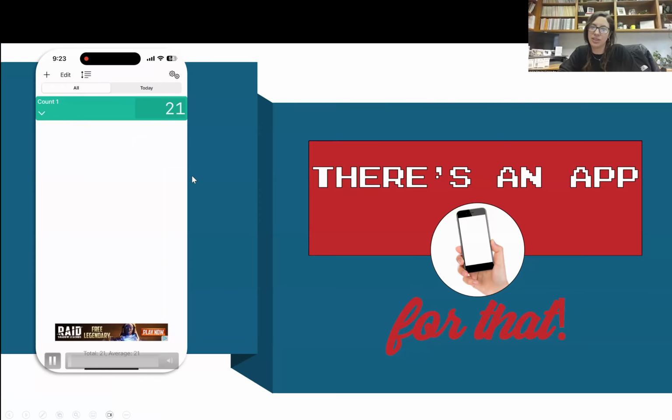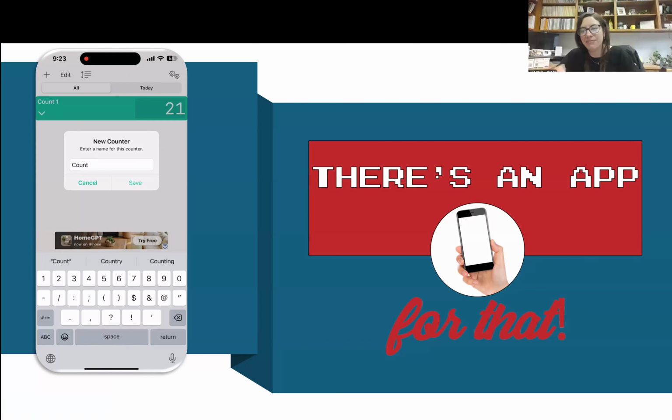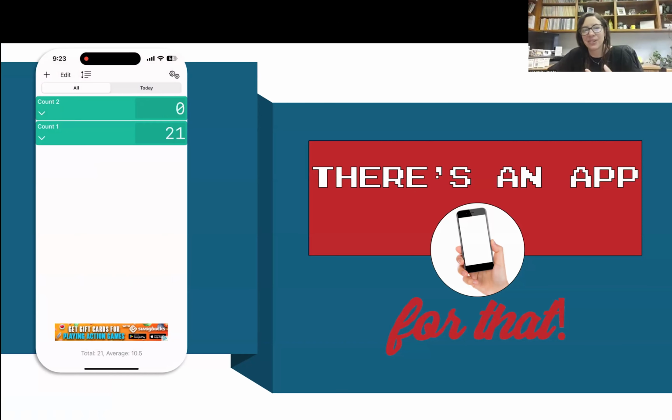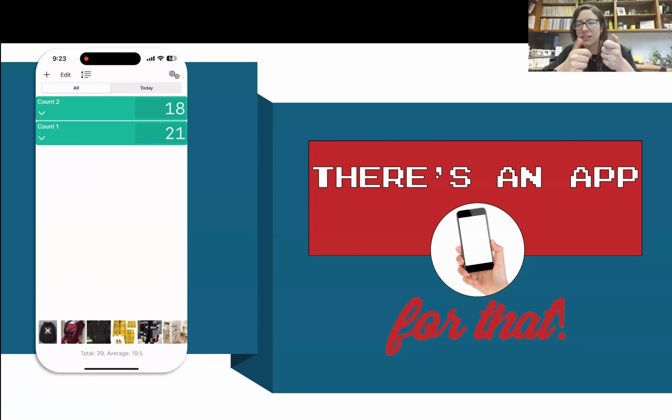Something I like to mention is that when I go to the field, I don't go and count. I have this app, and you can use whichever app you want. I just download a counter. Basically, you go to the first place of the field that you want to count. I don't even count.